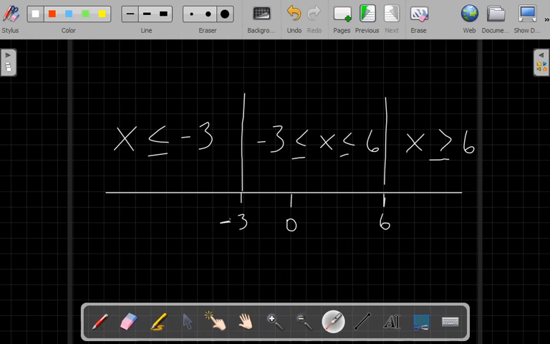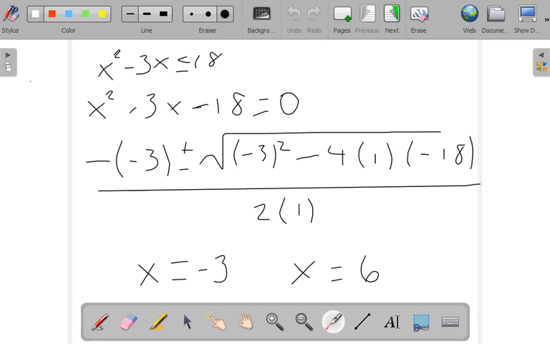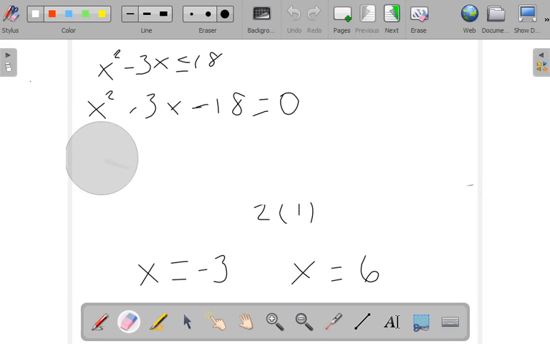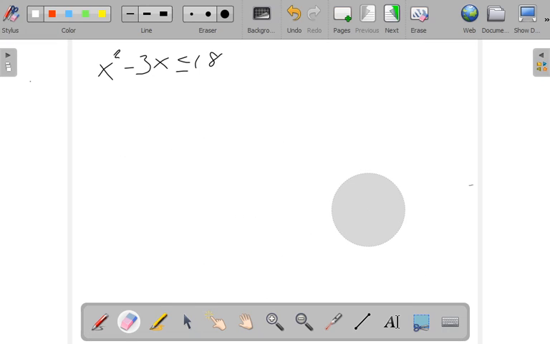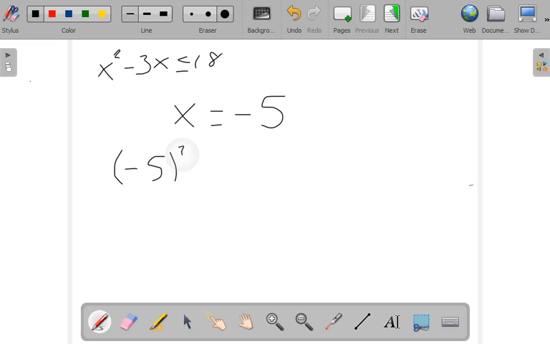So coming back to our previous page, let's go ahead and erase this. Okay, we're going to set x equal to negative 5 and put that back into our original equation. So negative 5 squared minus 3 times negative 5 is less than or equal to 18.